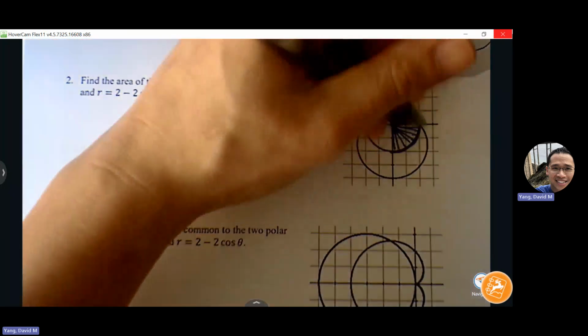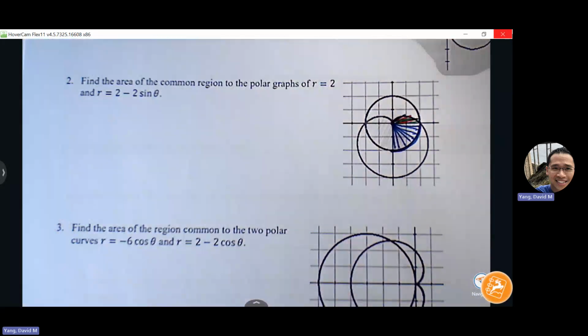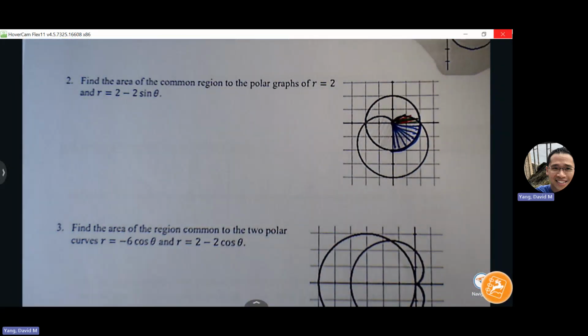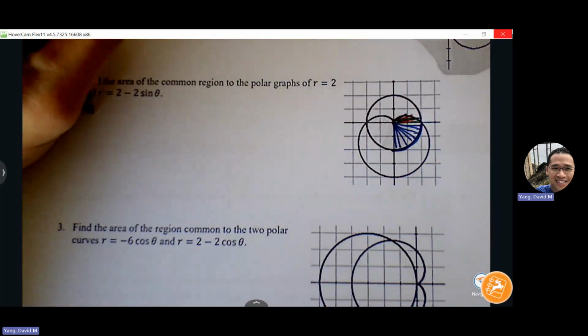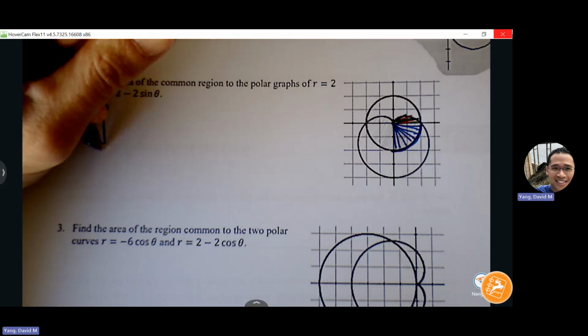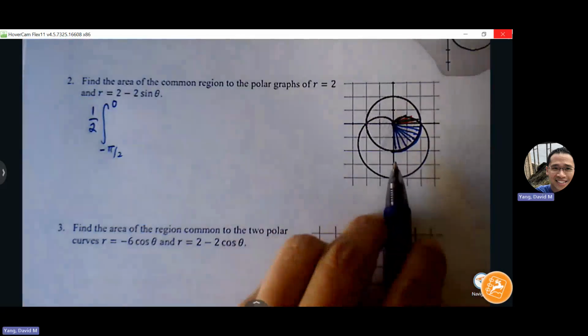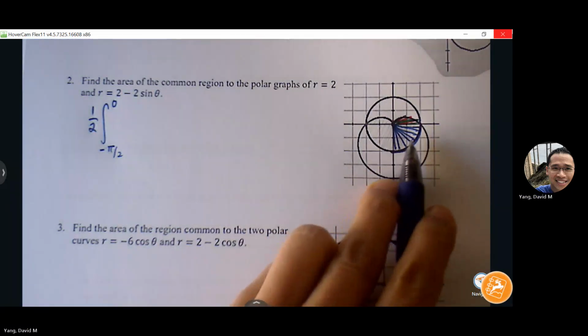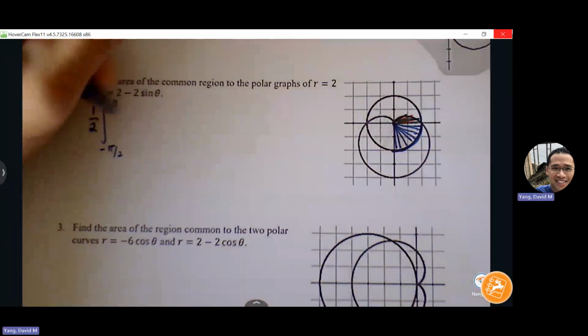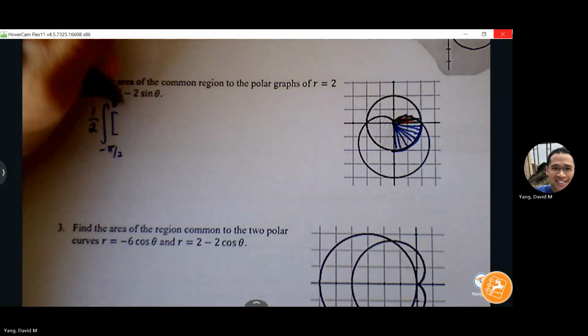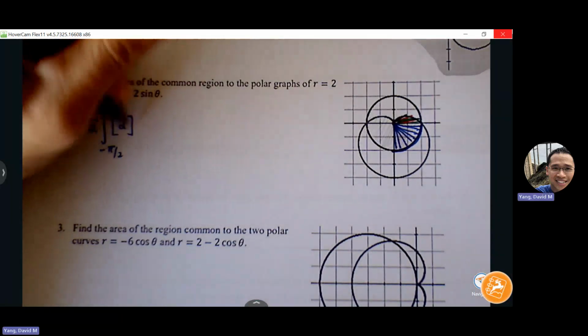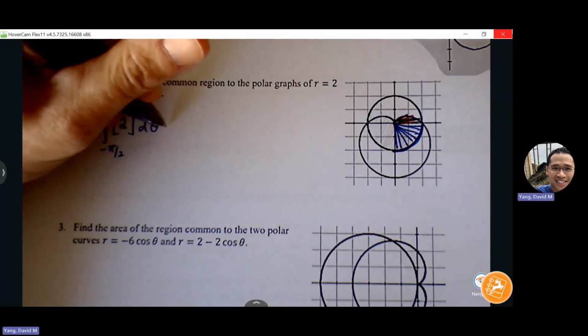So the first region, I'm going to take care of that fourth quadrant but to the left of 0. So I'm just going to do half the region here. So the integral from negative pi over 2 to 0 will hit this region. And we're talking about the circle here, so 1/2 r squared d theta.